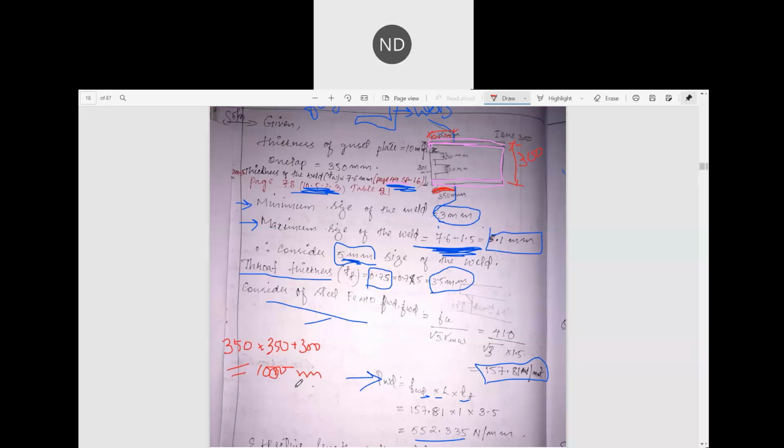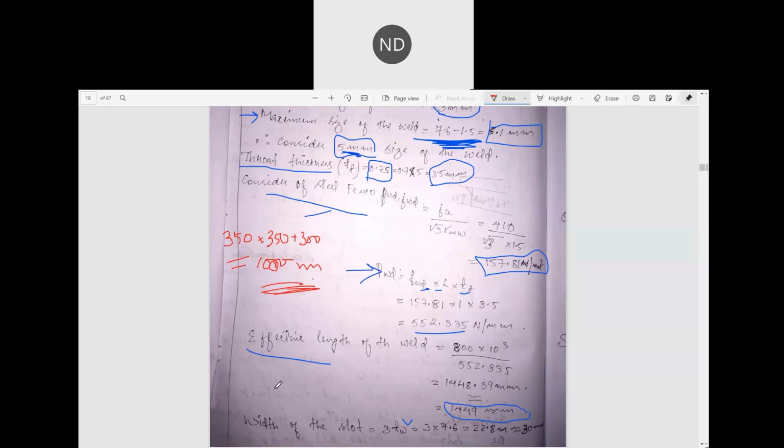When it was given in the question that this is to be overlapped, according to that we have found the total length of the weld from these three sides. If we weld the three sides, our total length is 1000 mm.